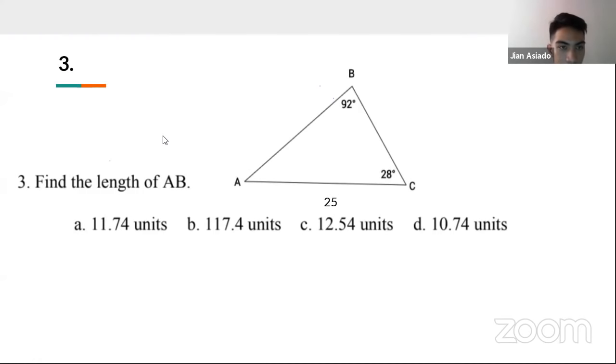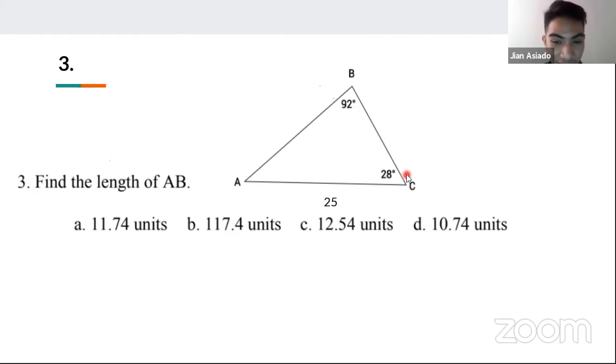Okay, so number 3, find the length of AB. This is not like the previous one. The previous one was special angles, like 30, 60, 90 and 45, 45, 90 in geometry. But this time, it's not that easy. So, how do we do this? What we do is use the law of sines.